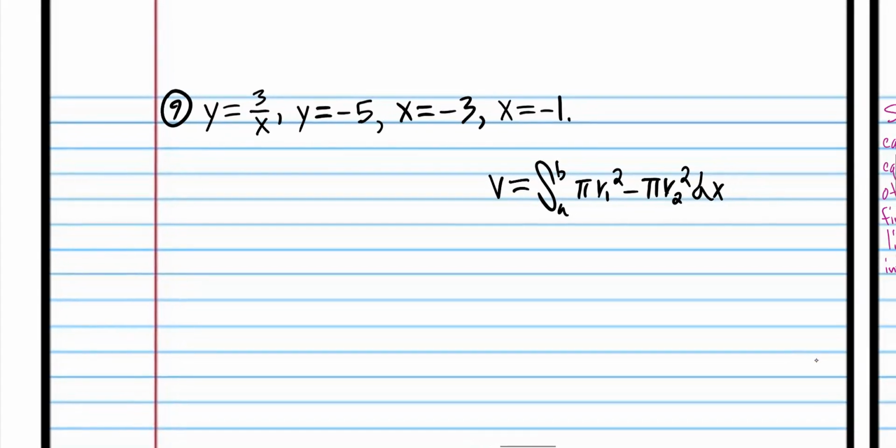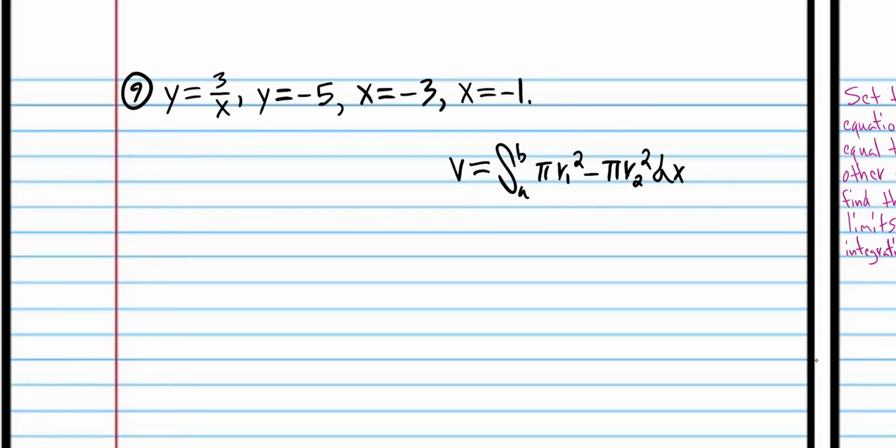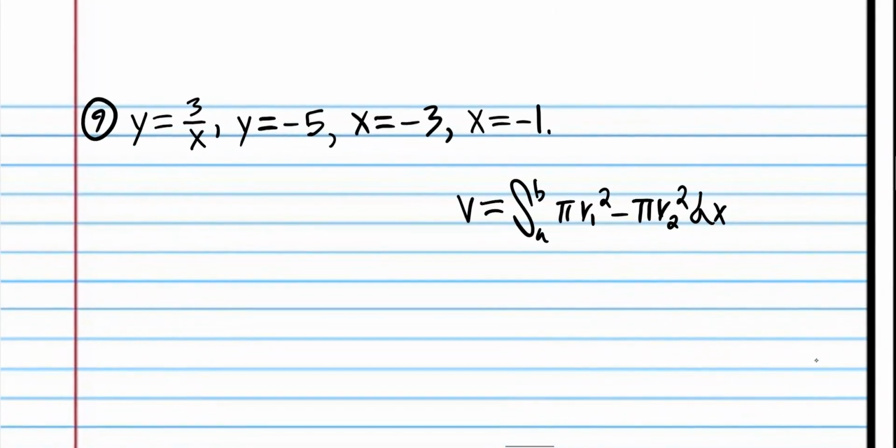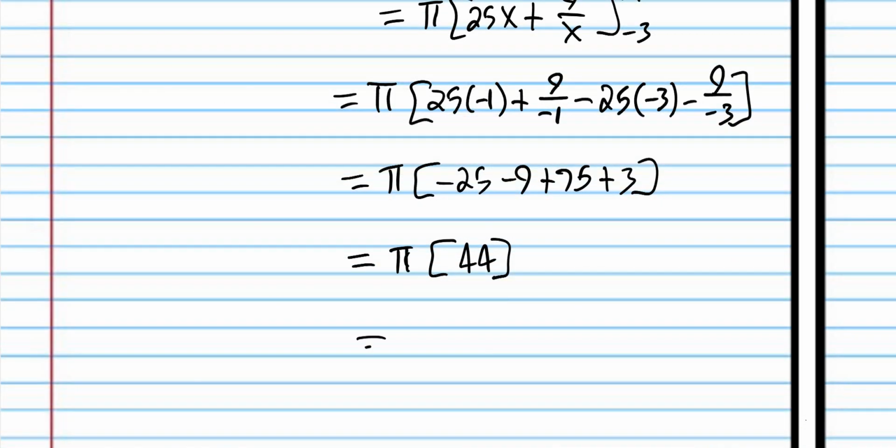So try number 9. When you come back, we'll do it together. Okay, we're back. So the final answer is exactly 44 pi. So if you got that right, excellent.